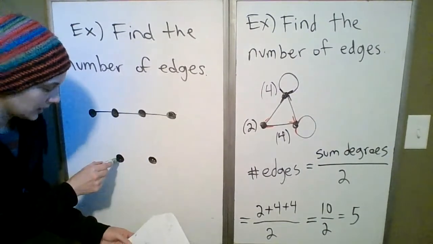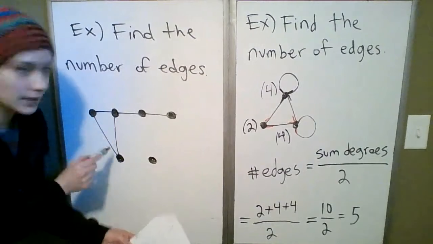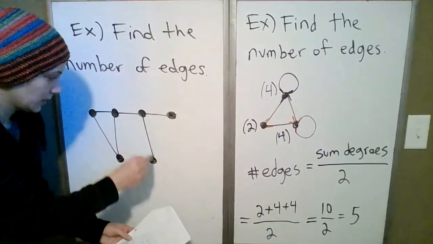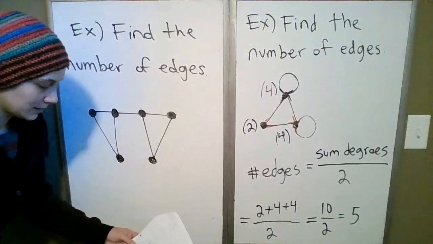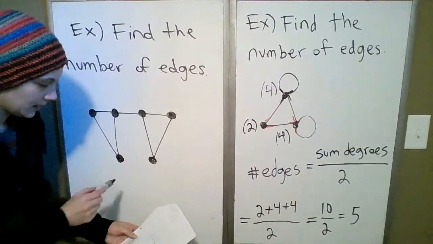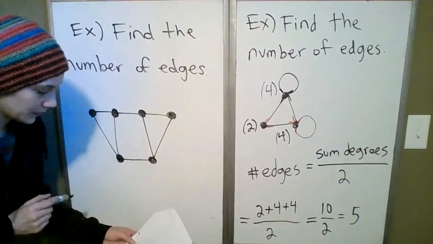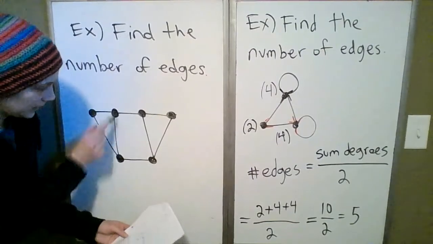This vertex is going to connect up here and make kind of a triangle. And the same over here. Okay, we're going to connect here to here. And here to here.